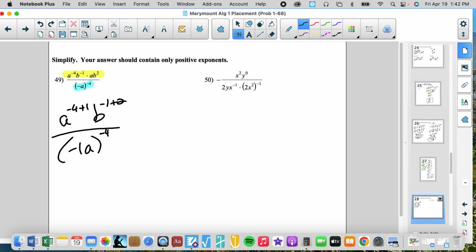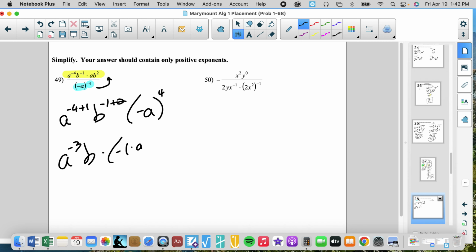Oh, you want to know how I'm going to deal with that? I'm going to deal with that, but I wanted you to see that. That's important. We're going to deal with that negative first, and then we're going to move that negative a to the 4th. So everything is going to be in the numerator. That gives us a to the negative 3, b to the 1st, and this is negative 1 times a to the 4th.